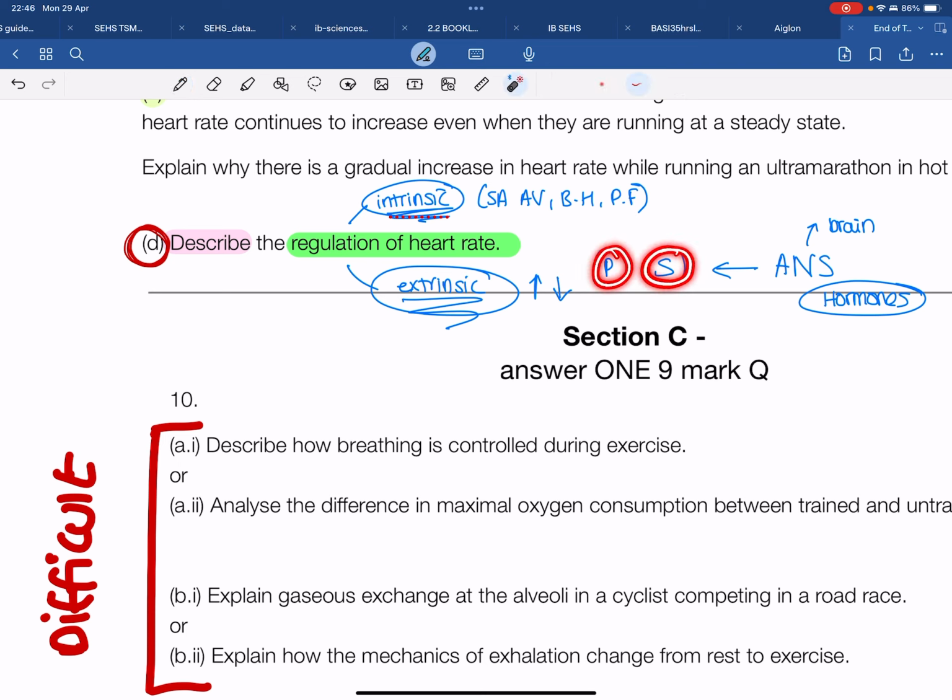So in summary, we've got one branch that is going to slow things down, and one branch that is going to speed things up, and that's done by sending hormones that land on the SA node and control that pacemaker to go up or down.